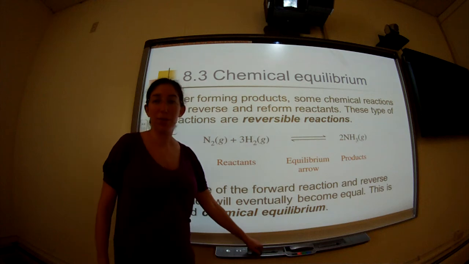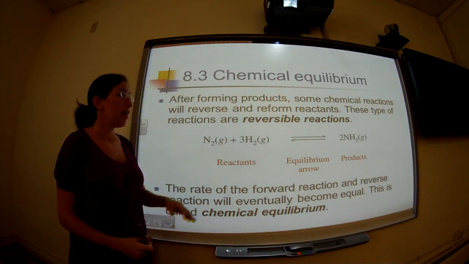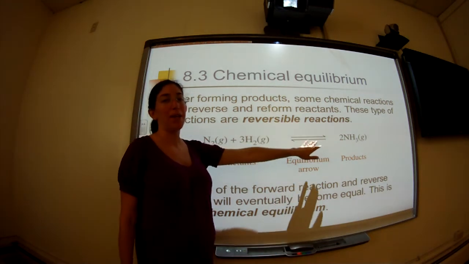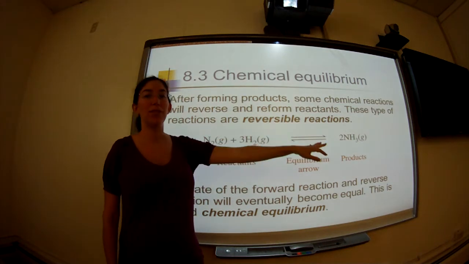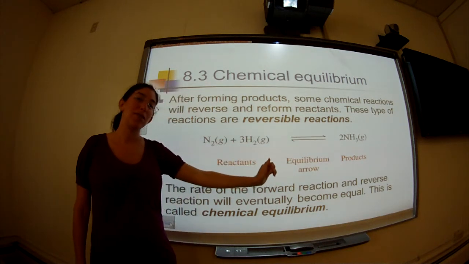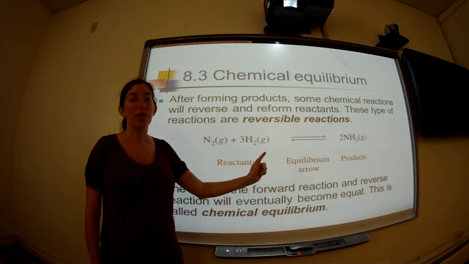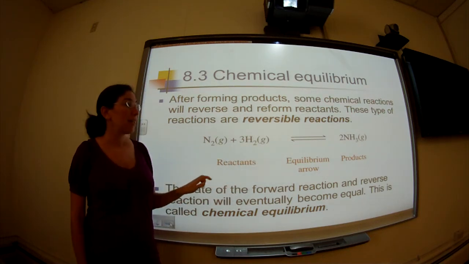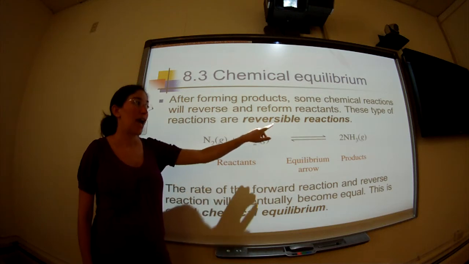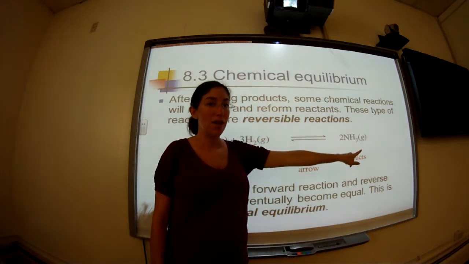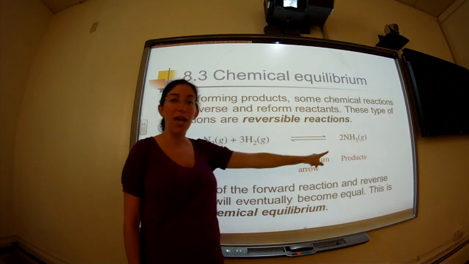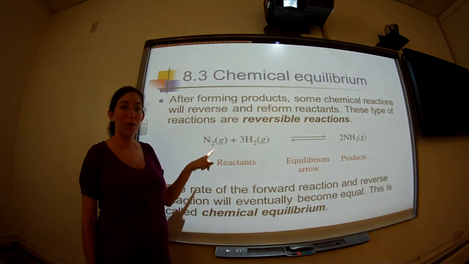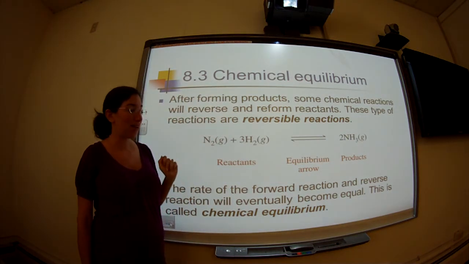I sort of mentioned this with the weak acids and weak bases before, that they have this equilibrium arrow, right? Because they don't fully dissociate. They only partially dissociate. They're actually at equilibrium, the reactants and the products, meaning that the reactants are reacting to form products, but the products are also reacting to form these reactants again, okay?